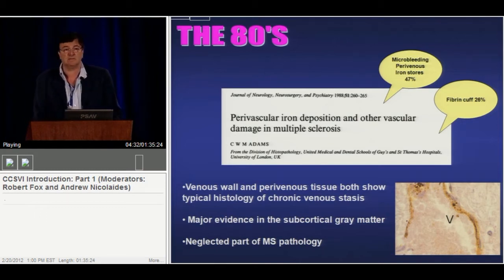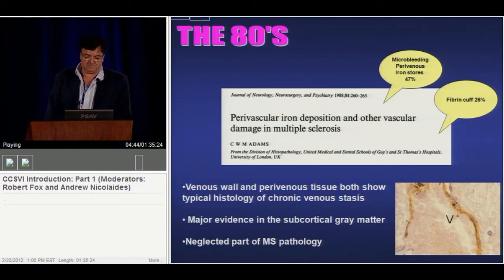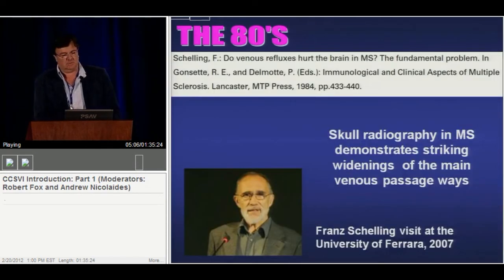Also, very interesting, a marker of venous hypertension in about 25% of people, because he found the venule encircled by fibrin cuff. He considered this a neglected part of multiple sclerosis pathology, because research is more addressed to the relationship between the venous wall and the plaque and the inflammation seen in multiple sclerosis.